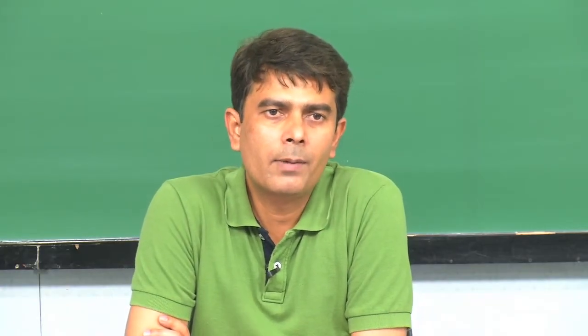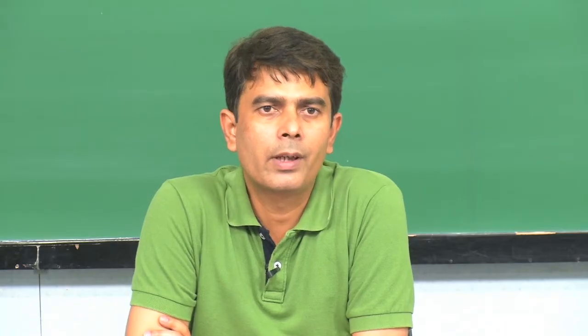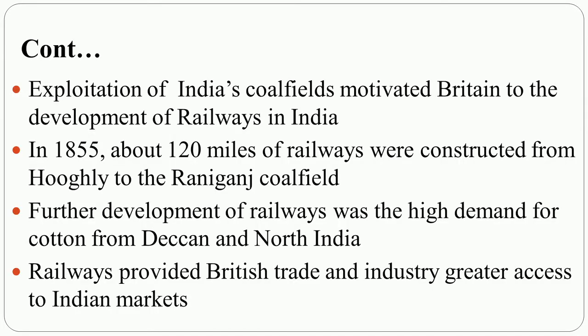Exploitation of India's coalfields motivated Britain to develop railways in India. In 1855, about 120 miles of railways were constructed from Hooghly to Raniganj coalfield. Further development of railways was driven by the high demand for cotton from Deccan and North India. Railways provided British trade and industry greater access to Indian markets.